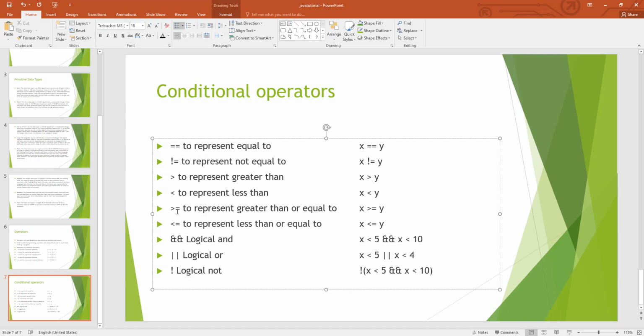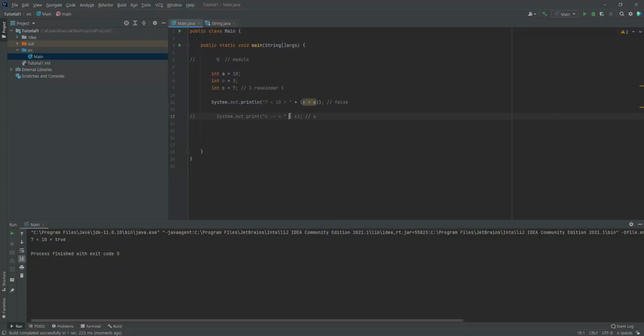In programming, we also have greater than or equal to, and less than or equal to. We can use them to compare. Greater than or equals is mostly used when, for example, we have numbers 1 to 10 and we want to know if 1 is greater than or equal to 10.